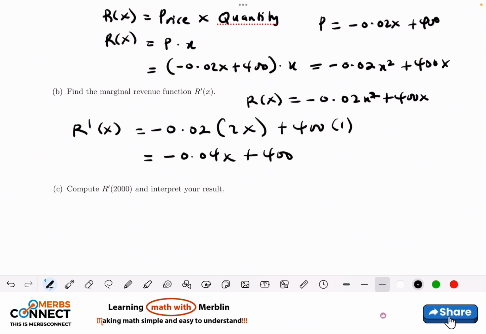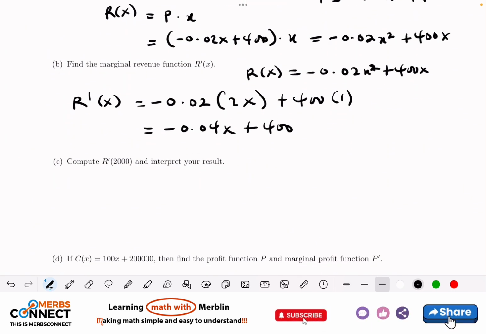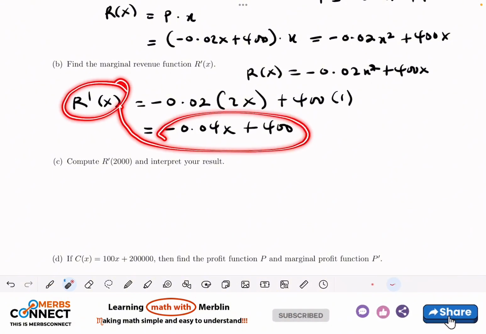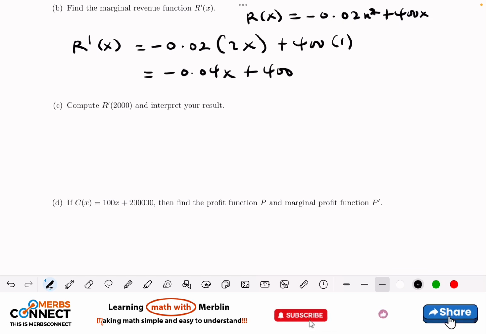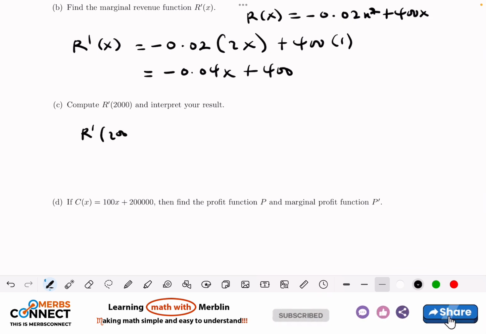Now, the next question is for us to compute r prime of 2000, right? Since we have r prime to be equal to this, then we can compute r prime of 2000. So this one will be minus 0.04 times x. Now our x is 2000, plus 400, right?